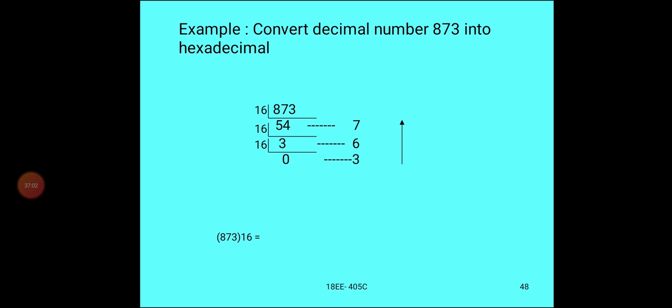Writing from bottom to top, we get 367 of radix 16.